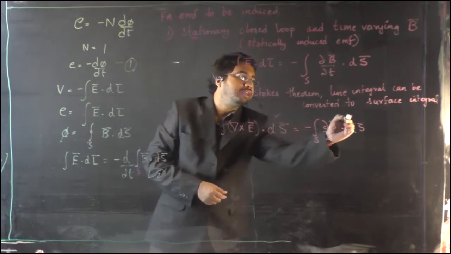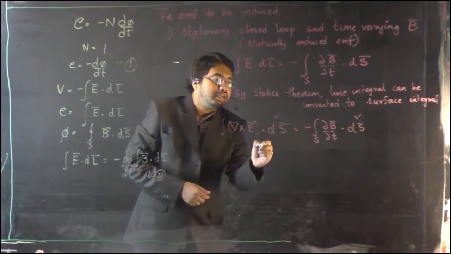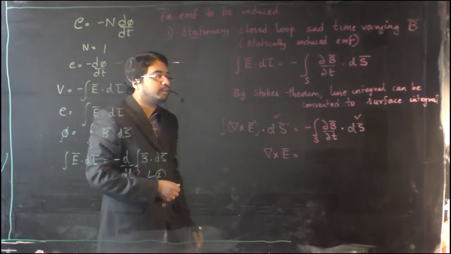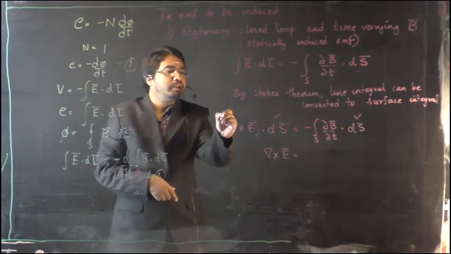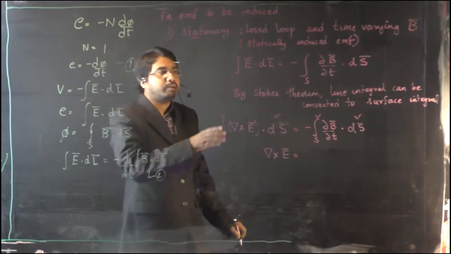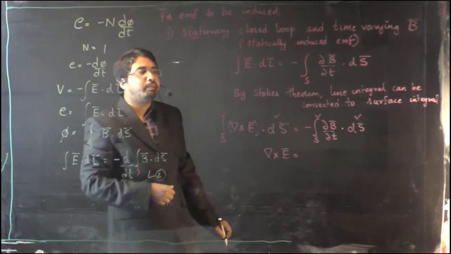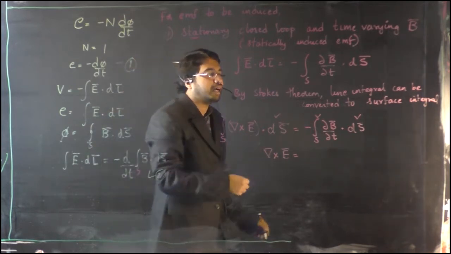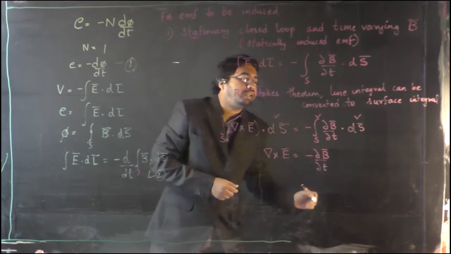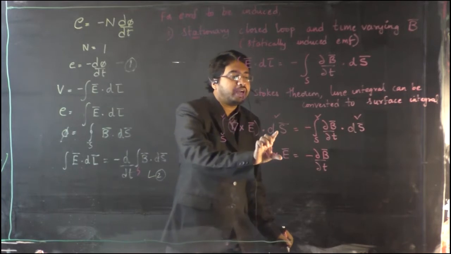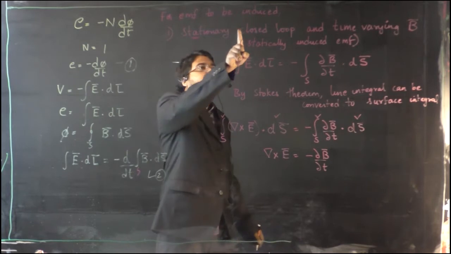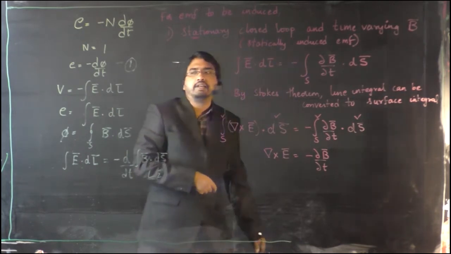Since both are surface integrals with the same ds bar, the integrands are equal. So del cross E bar is equal to minus ∂B bar/∂t. This is the mathematical representation of Faraday's law of electromagnetic induction when your conductor is stationary and the magnetic field is varying.